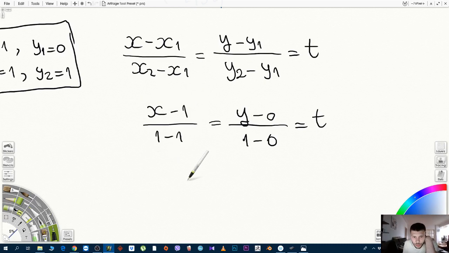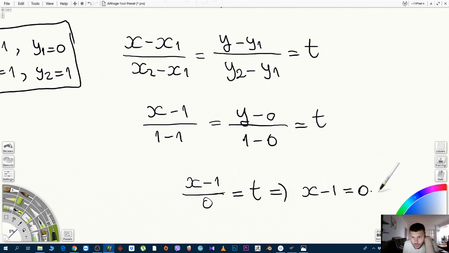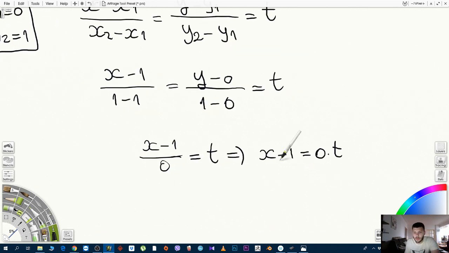From this we get that x minus 1 over 0 is equal to t, which means that x minus 1 is equal to 0 times t. So x minus 1 is equal to 0, or x is equal to 1.